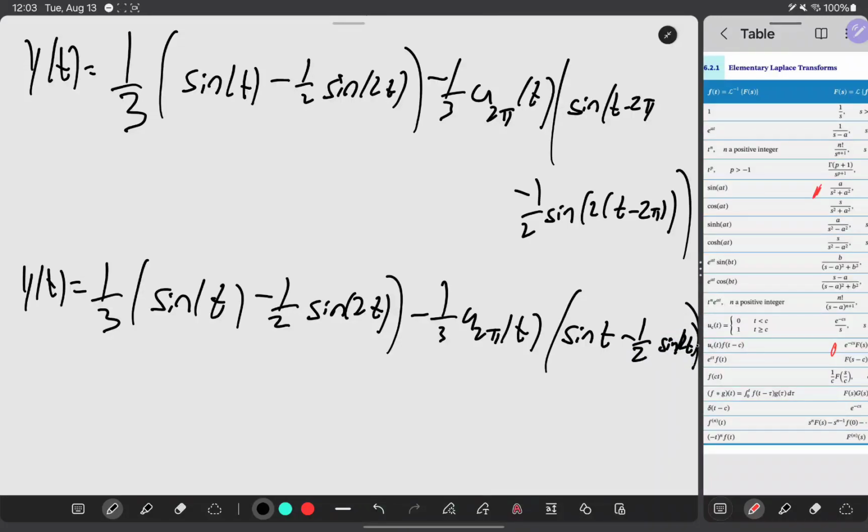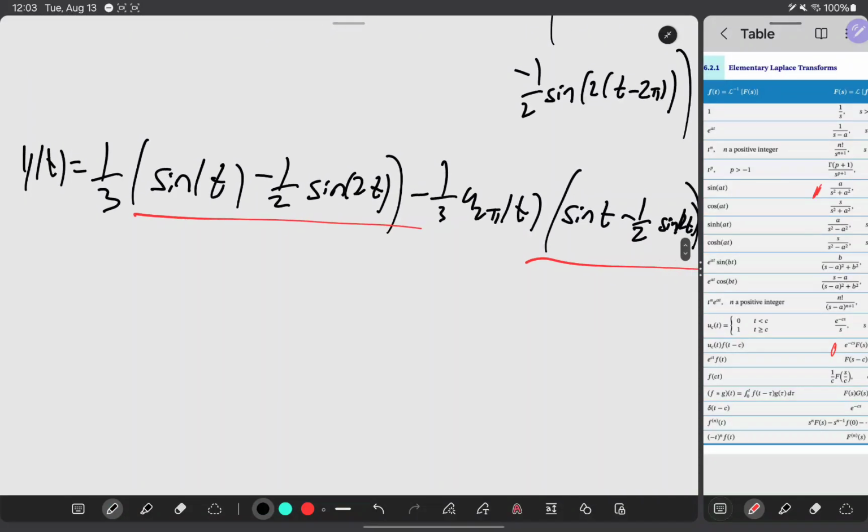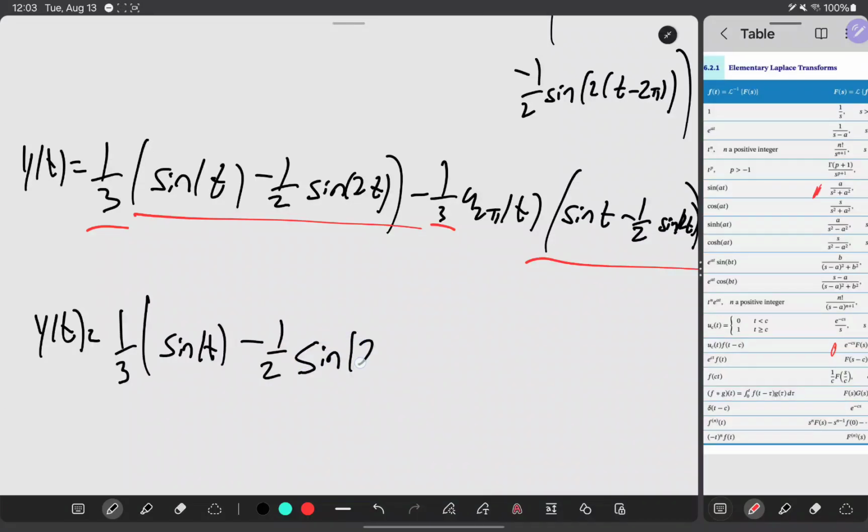Oh, look at that. This and this match. So we can pull out, oh, so do these. So we can pull that out. 1/3, and it shrunk. 1/3 sine of t minus 1/2 sine of 2t times 1 minus, no, minus just u2 pi of t.